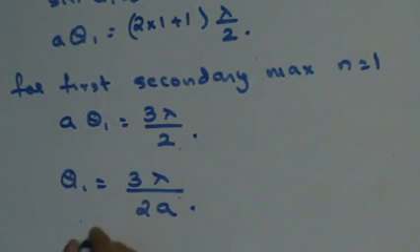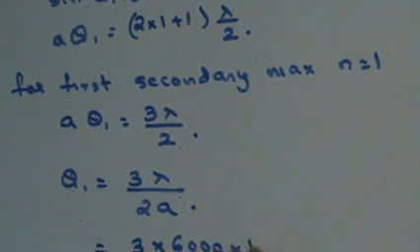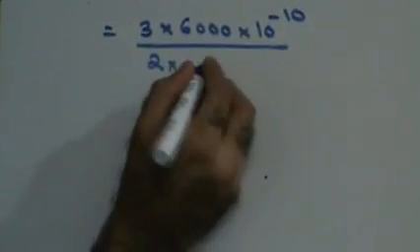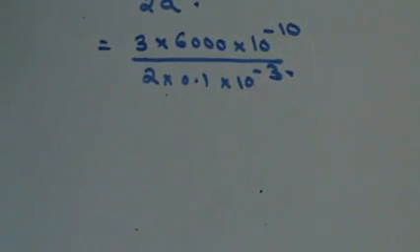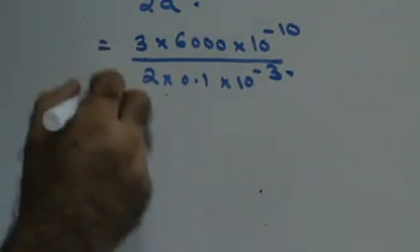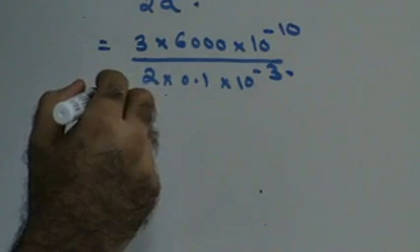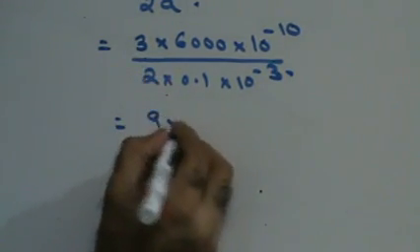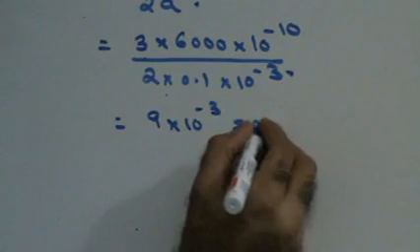Let's solve this: 3 into lambda, 6000 into 10 raised to minus 10, upon 2 into 0.1 into 10 raised to minus 3. When I solve this, I will get 9 into 10 raised to minus 3 radians.